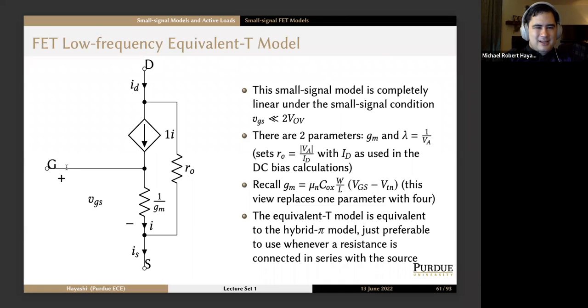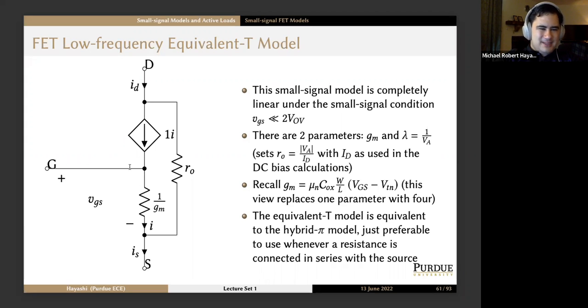You'll notice that even though it looks like there's a path for current to flow through G, this current controlled current source ensures that the current going down into this node is the same that goes down out of the node. So that means there must be zero current flowing left to right into the node. I'll repeat that. The current flowing from the top equals the current going down through the bottom.